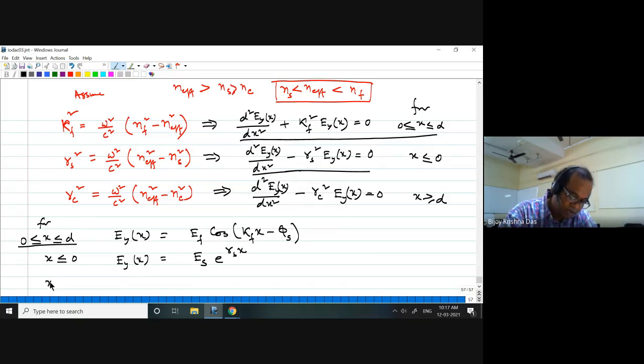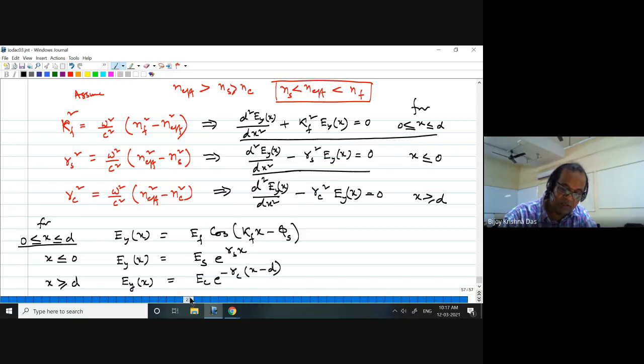Similarly, for x greater than d, we can write Ey(x) equal to EC e to the power minus gamma c times (x minus d), so that it shows decay beyond x equal to d, because this is valid for x greater than or equal to d.